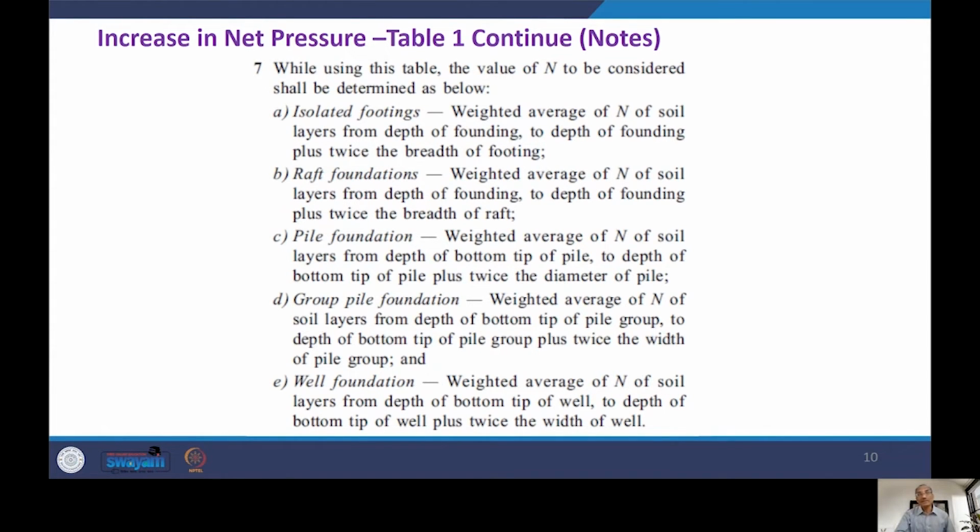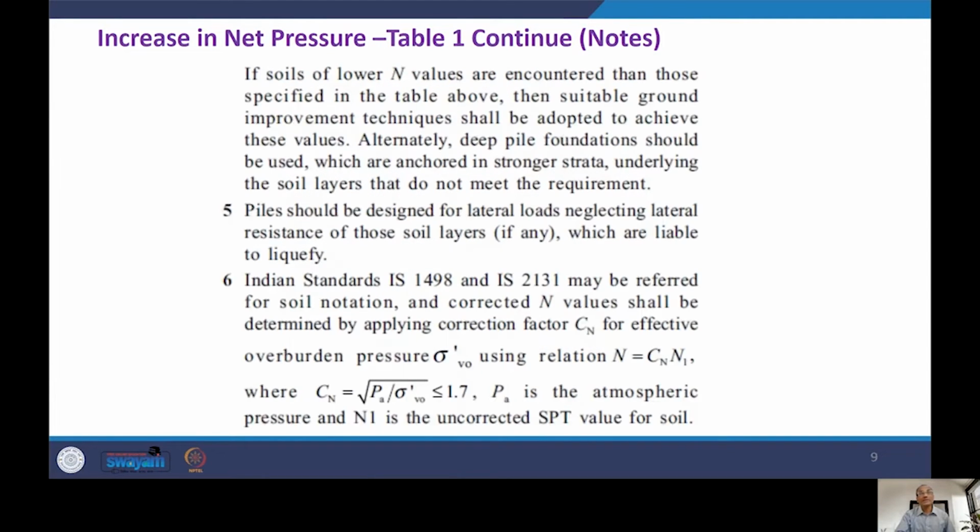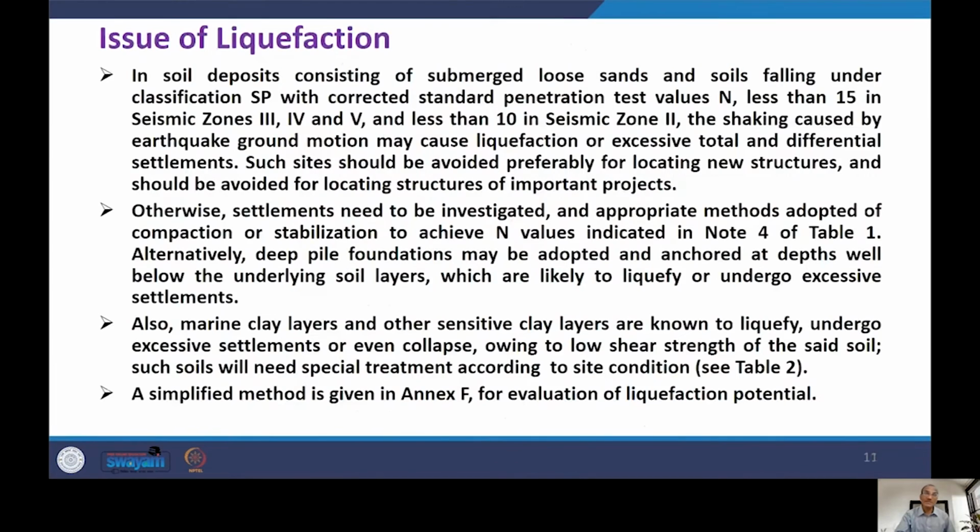Now, continuing in reference to table 4, where the minimum prescribed N values are given, suppose you have a soil deposit which consists of submerged loose sands and soils classified as SP, that is, poorly graded sand, with corrected standard penetration test values N less than 15 in seismic zone 3rd, 4th, and 5th, and less than 10 in seismic zone 2nd.